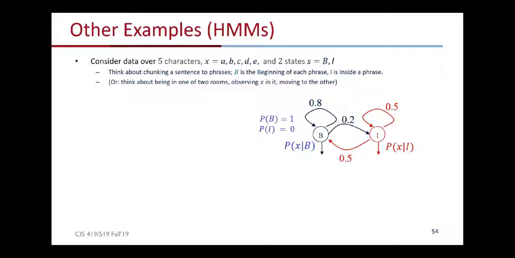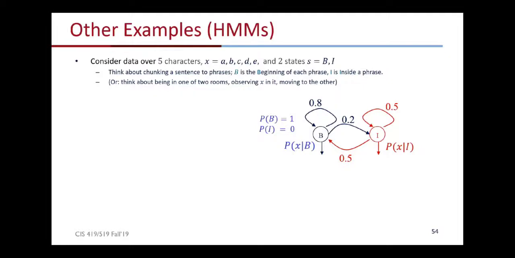What can I do? I can either move to another B state with probability 0.8, or I can move to the I state with probability 0.2. And the same thing, if I'm in I, I produce a word, P of X given I, and can then move to another state, which could either be I or could go back to B.